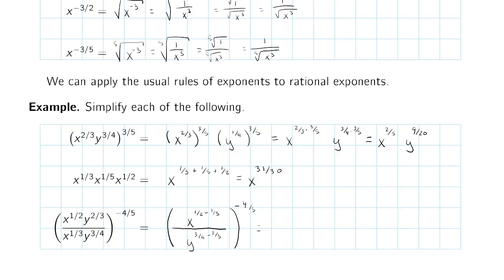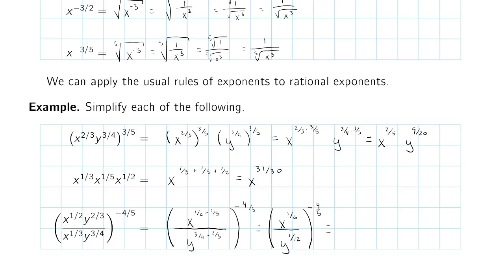Working out that subtraction on a calculator if we'd like, we'll have x to the 1/6 in the numerator, y to the power 1/12 in the denominator, and that whole thing is going to be to the power negative 4/5.